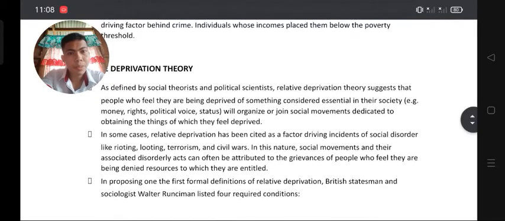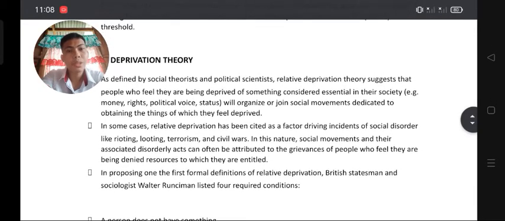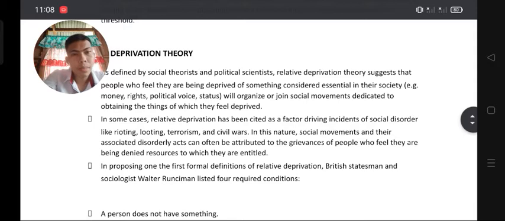Next is relative deprivation theory. As defined by social theorists and political scientists, relative deprivation theory suggests that people who feel they are being deprived of something considered essential in their society, such as money, rights, political voice, or status, will organize or join social movements dedicated to obtaining the things of which they feel deprived.